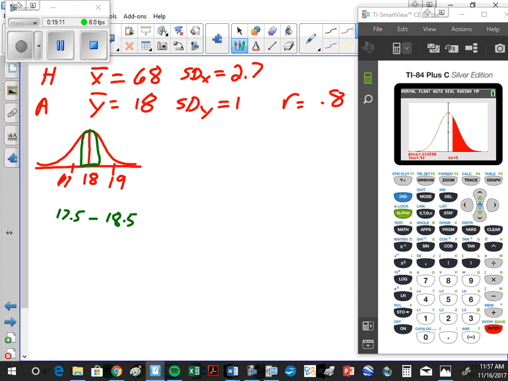Okay? So, how far to the right do I need to go to get to 18.5? 0.5. So, if I move to the right 0.5 and divide that by 1 SD, I get 0.5 SDs. Okay, that's a z-score. What do I want to do for shade norm?